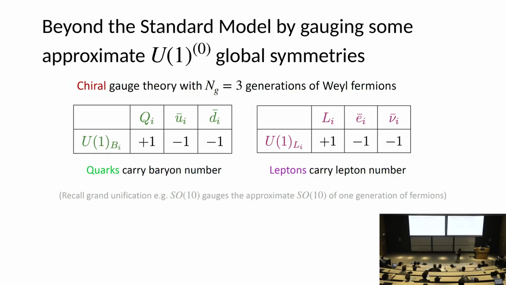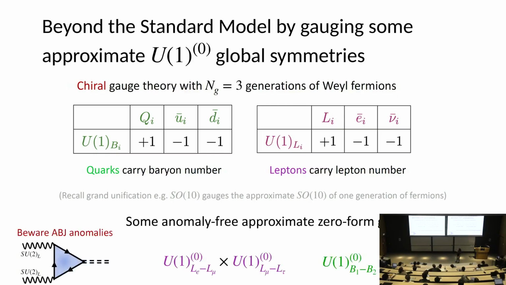But we can't do it arbitrarily because the standard model is a gauge theory already. We have to be aware of some triangle anomalies, and we can't upgrade anything anomalous, of course, to a gauge symmetry. One way to find an anomaly-free symmetry to upgrade to a gauge symmetry is to do baryon minus lepton number, as you probably have heard. But alternatively, we can exploit the generation structure of the standard model.